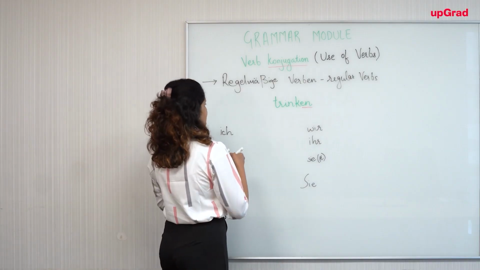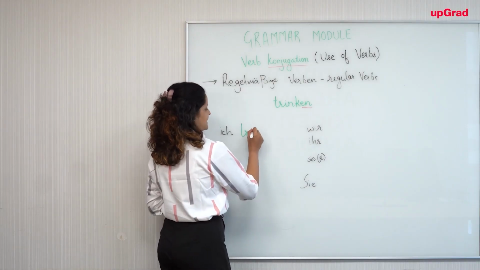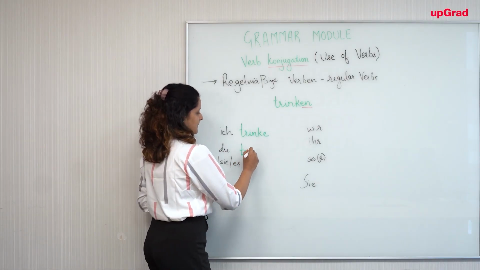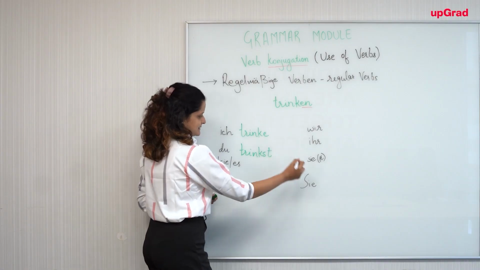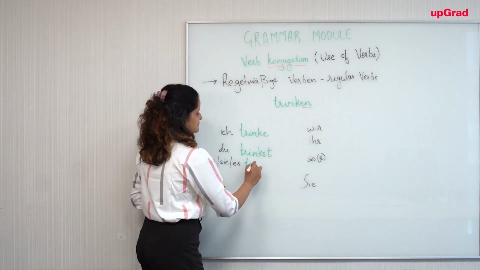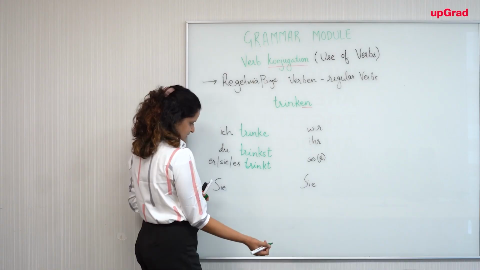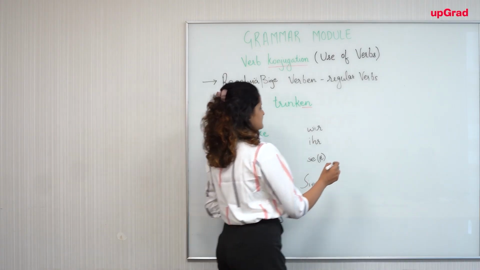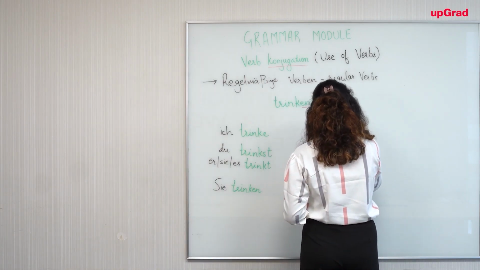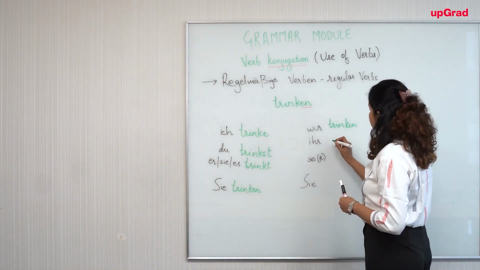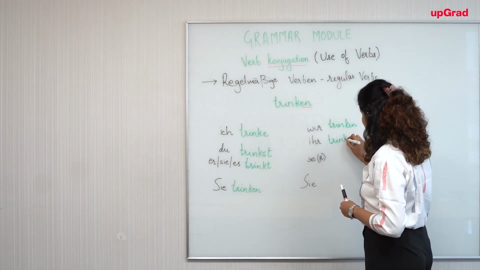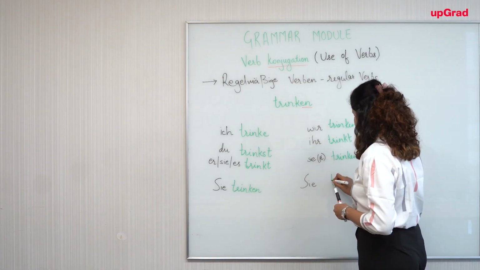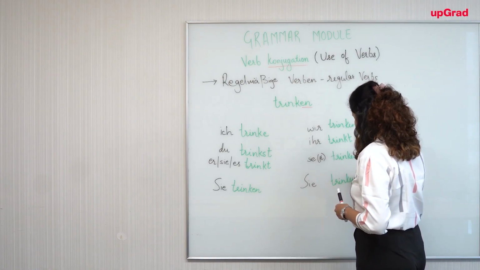So your conjugation will become: Ich trinke, du trinkst, er sie es trinkt, Sie formell trinken, wir trinken, ihr trinkt, sie trinken, Sie trinken.